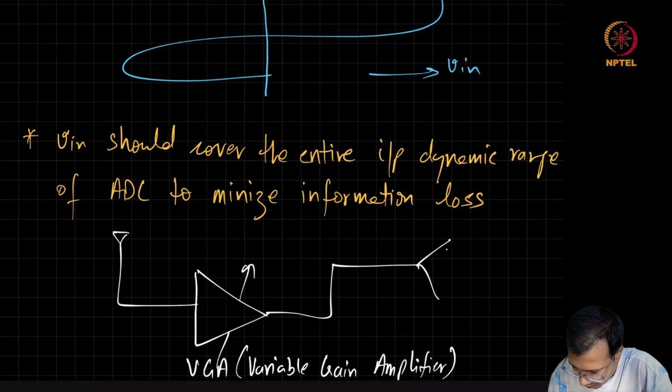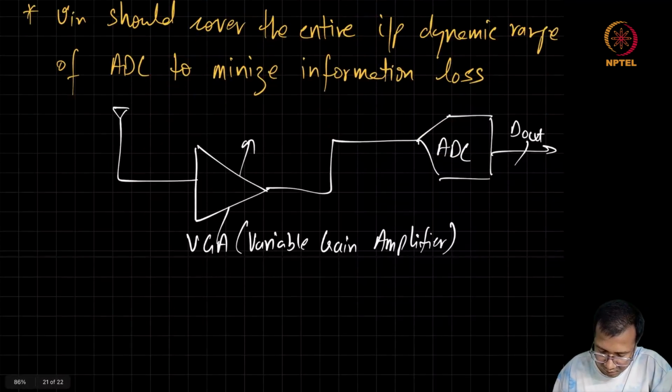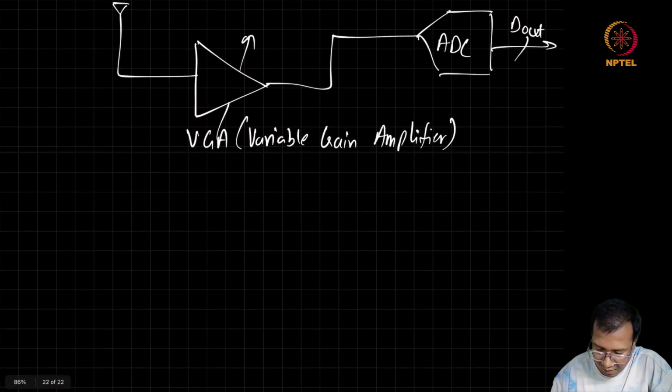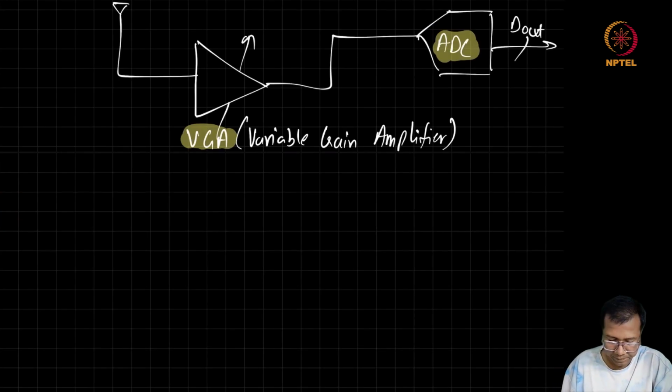Then we are going to digitize. Okay. So the simple receiver which we were discussing earlier has now got one more block, which is a VGA, in addition to the ADC.